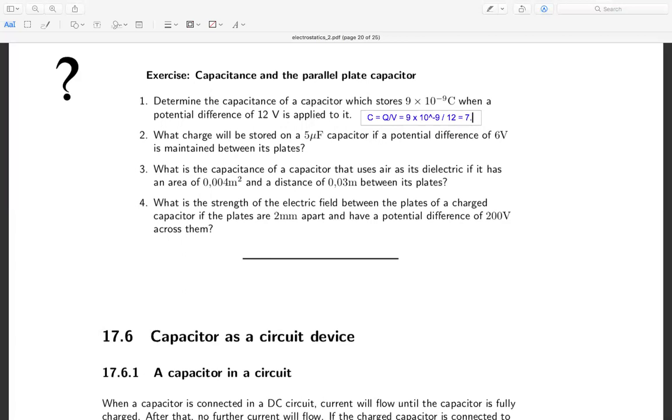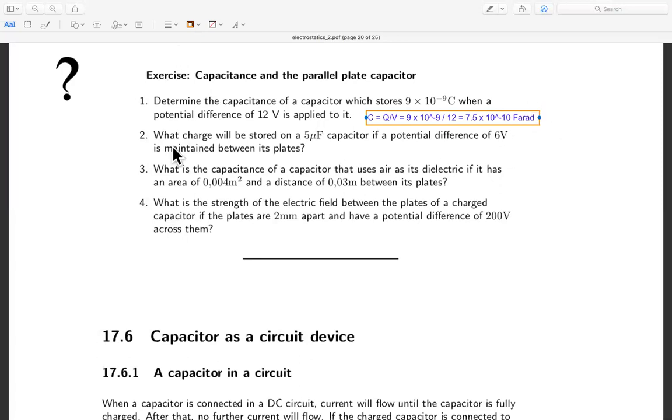Or let's say 7.5 times 10 power minus 10. This is in farad. The unit of capacitance is farad. Okay, that's it.